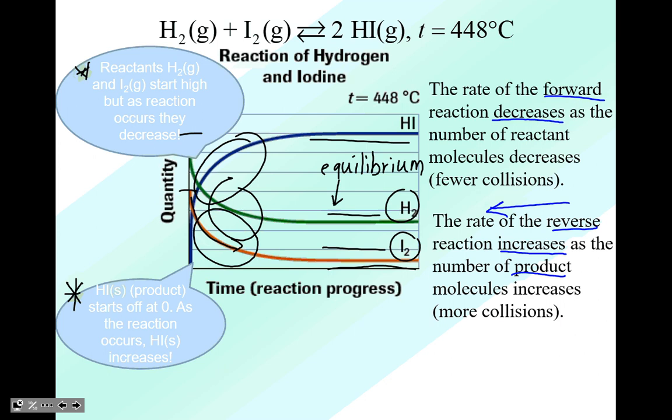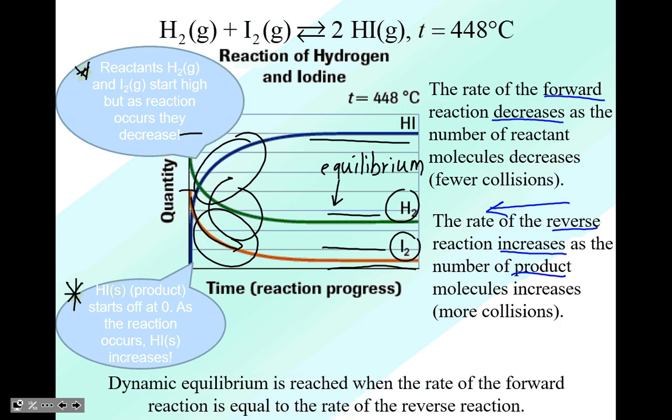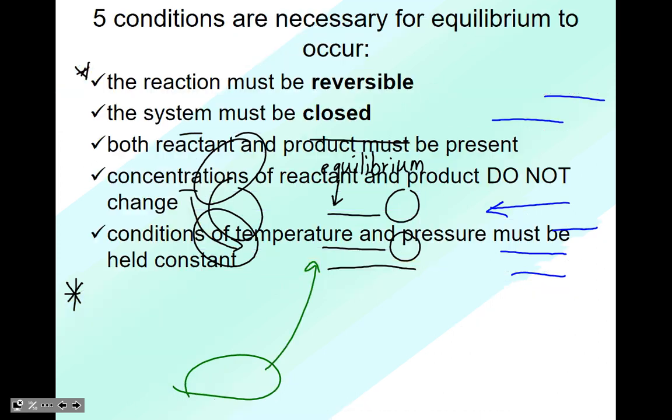At some point, the product is like, I'm good now, so it shifts back to the reactants to get this equilibrium. Dynamic equilibrium is reached when the rate of the forward reaction is equal to the rate of the reverse reaction, and at that point, you'll notice it's a straight line, no curve.